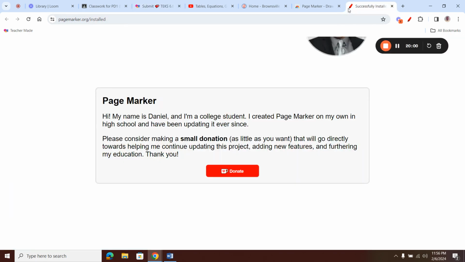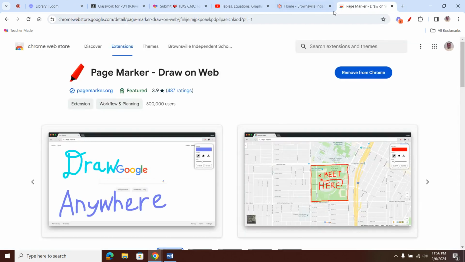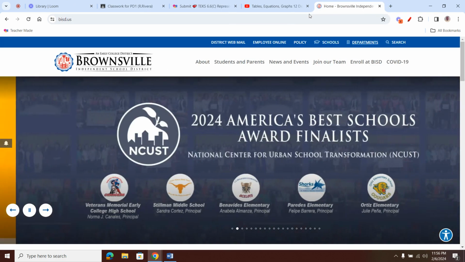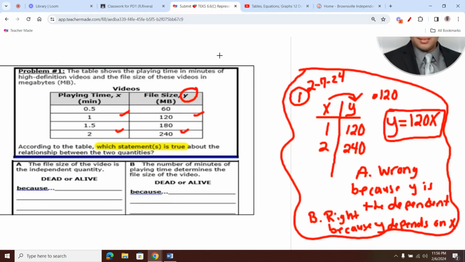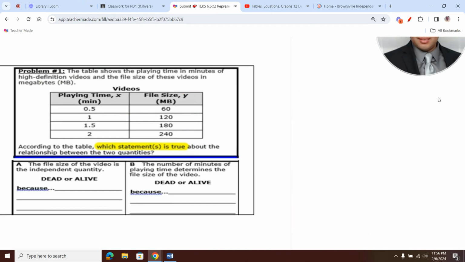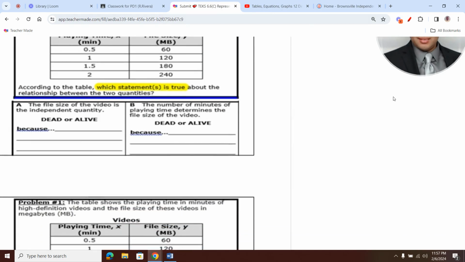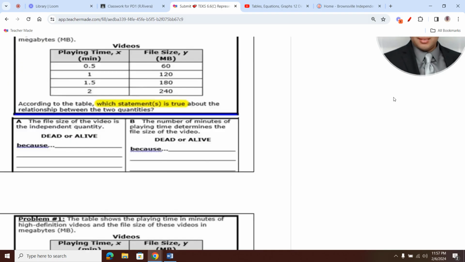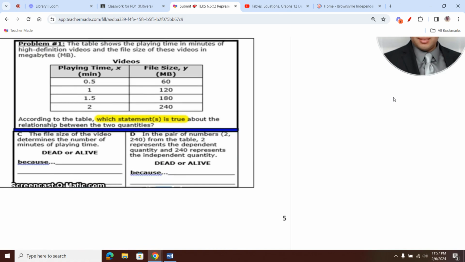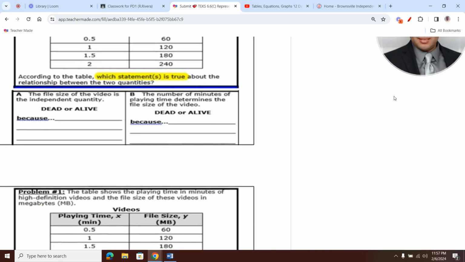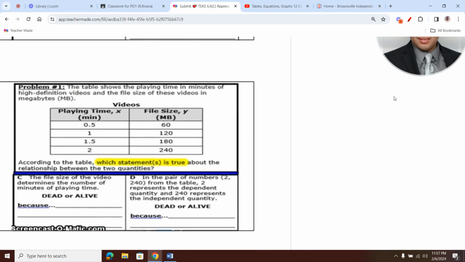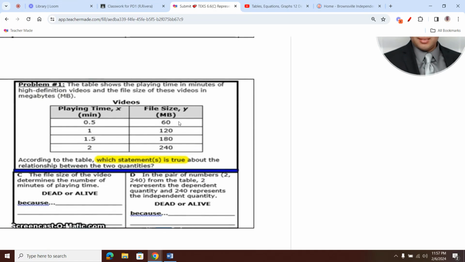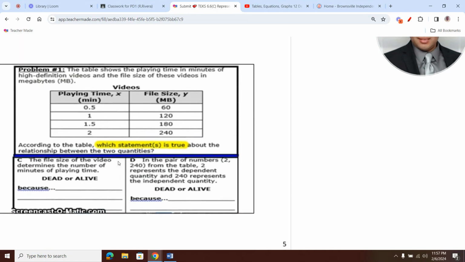Is number 2 the same one? It's actually not the same. It's the same story, but now we need to figure out things here.